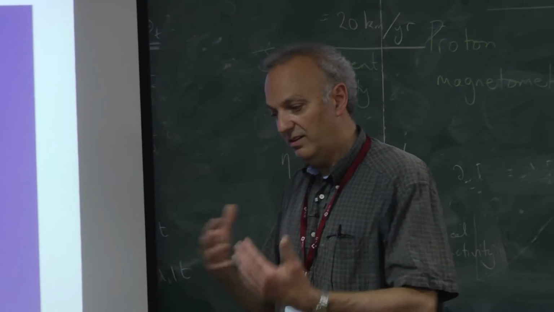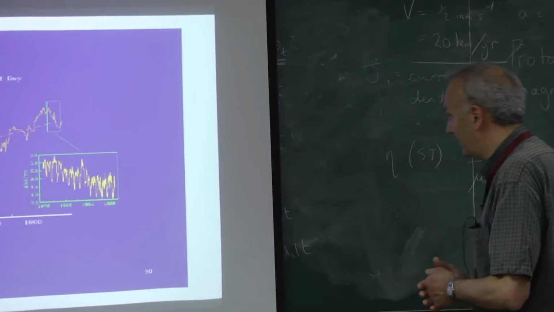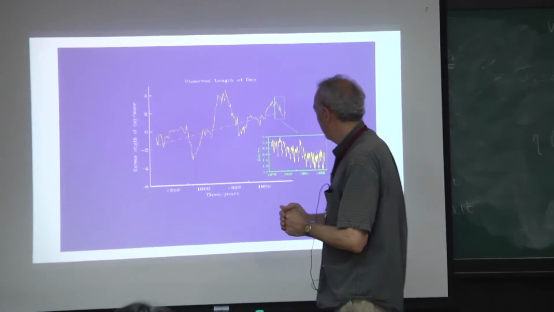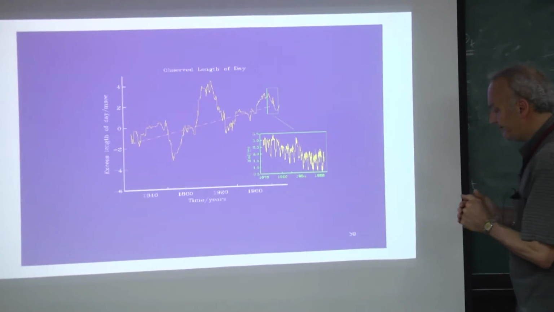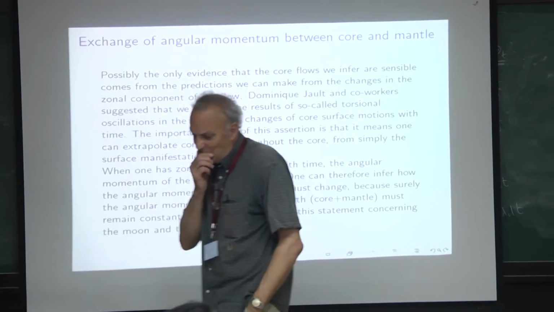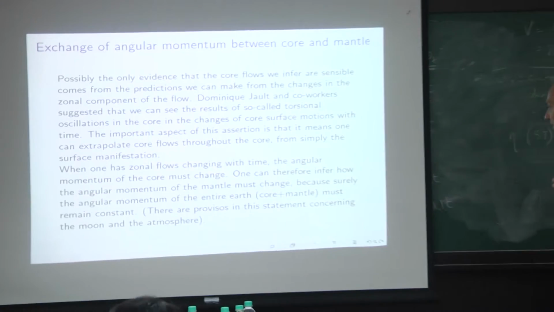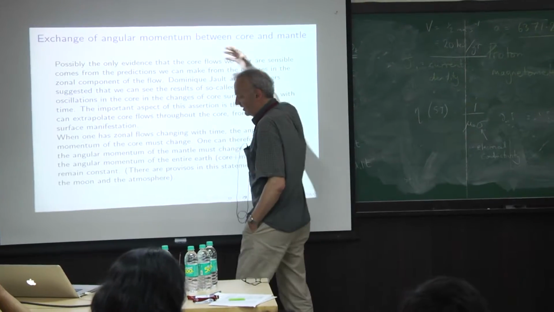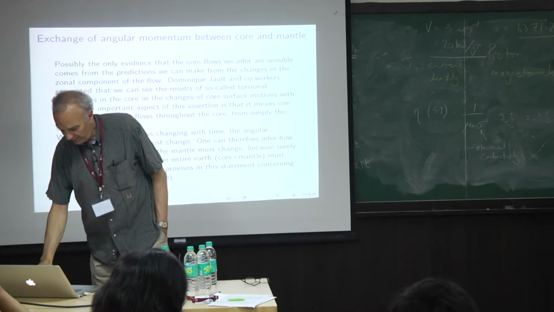So the core and the solid Earth seem to be exchanging angular momentum, and the question is, can we actually see that exchange of angular momentum? So that's a very busy slide that's probably saying exactly what I've just said, so that's for you to read at your leisure.